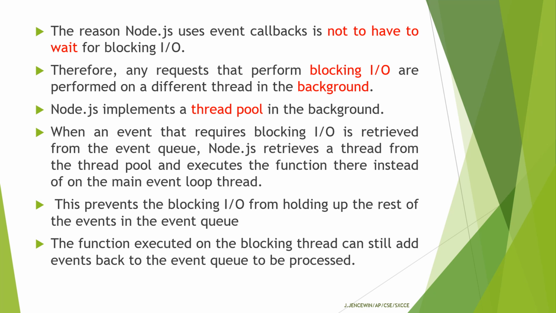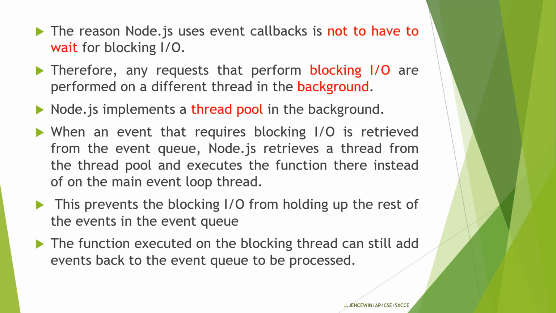So here Node.js handles blocking requests in a separate way. We have only one thread for handling multiple client requests. When it receives any blocking request, that is transferred to the thread pool. Node.js implements a thread pool in the background.